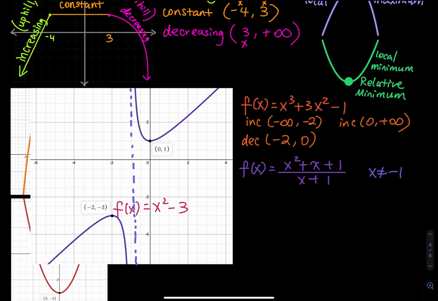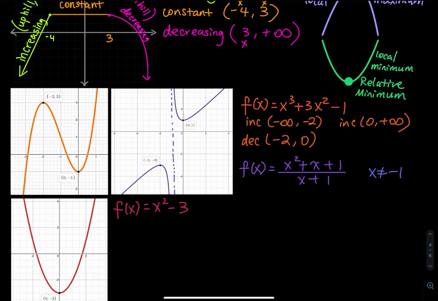Okay, let's draw this on the notes. So we have increasing first from left to right, from negative infinity going up all the way to negative 2, and then decreasing from negative 2 all the way down to negative 1, not negative infinity. So from negative 2, we go all the way to x equals negative 1.